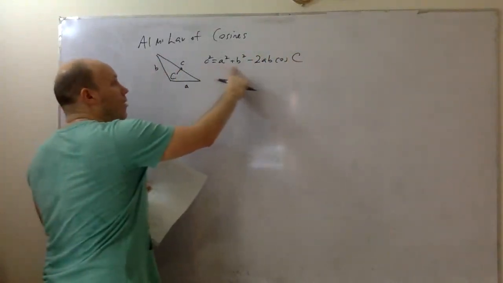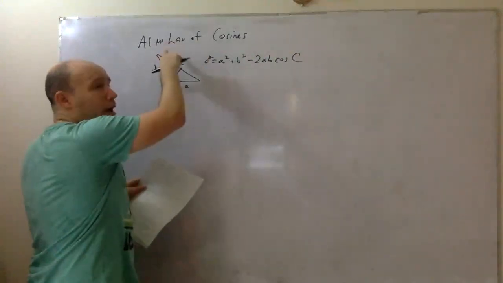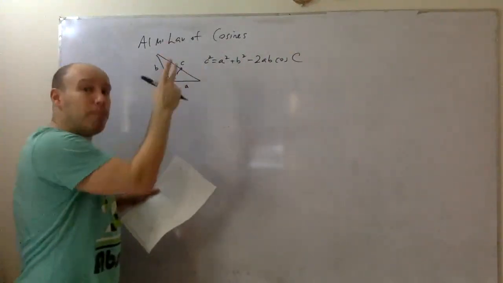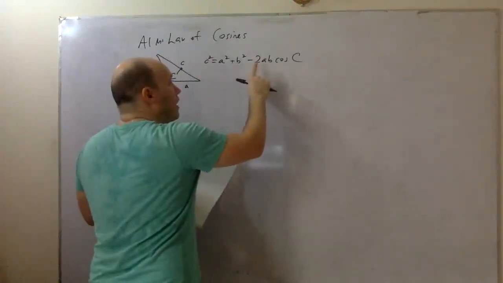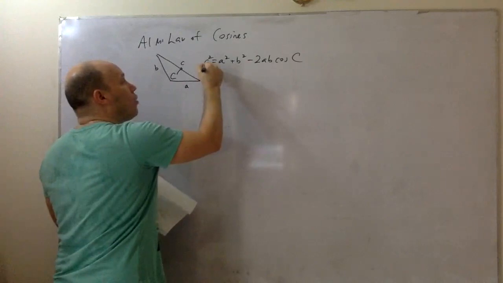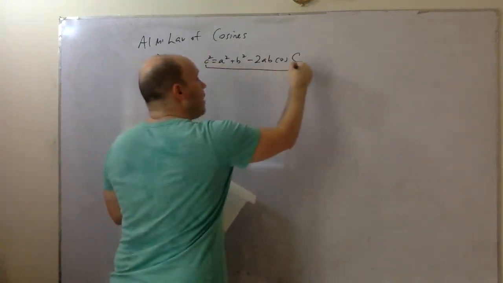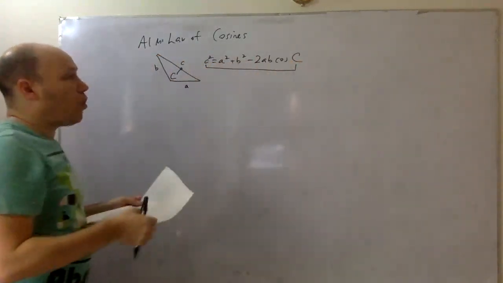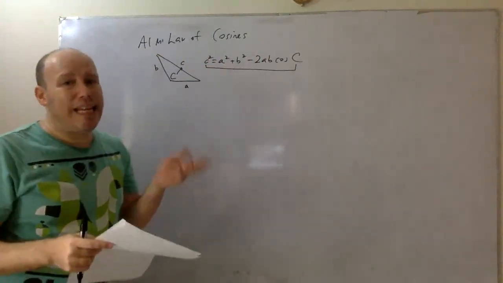It kind of looks like the Pythagorean theorem, but now it's any triangle. It's obtuse, it's acute, maybe it's a right. We take care of that with this extra part here. The other thing is the side you're looking for is opposite the angle. Once again, we're using ABC, but we can use any letter.